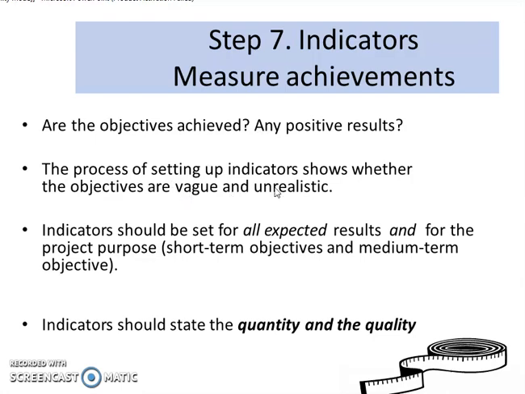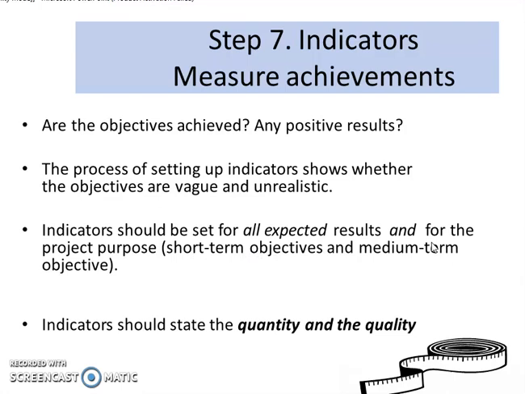The process of setting up indicators shows whether the objectives are vague and unrealistic. Of course, it depends. So from the very beginning, the objectives should be clear enough and realistic enough, and they should have their own indicators, measures of achievement. Indicators should be set for all expected results.